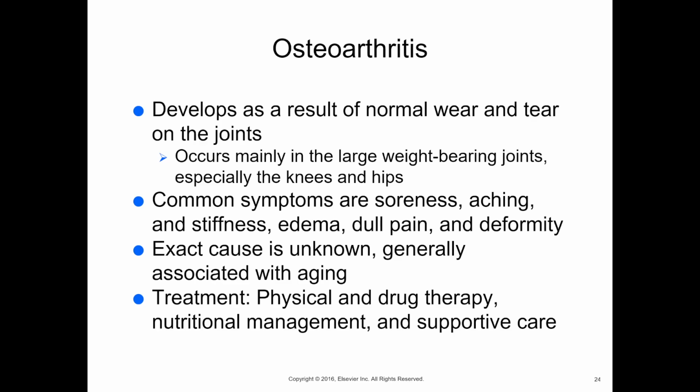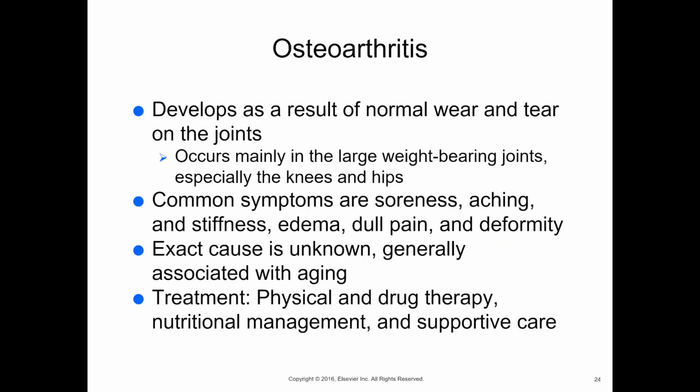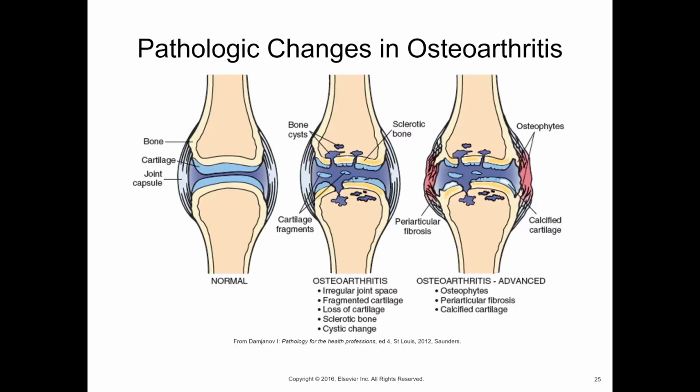Now, osteoarthritis is actually something that we've started to gain a high understanding of in the last year. I know on the last page here it mentions that the exact cause is unknown, but we've actually determined that osteoarthritis is a metabolic process. And individuals that have diabetes, individuals that are obese, they are more prone to osteoarthritis.